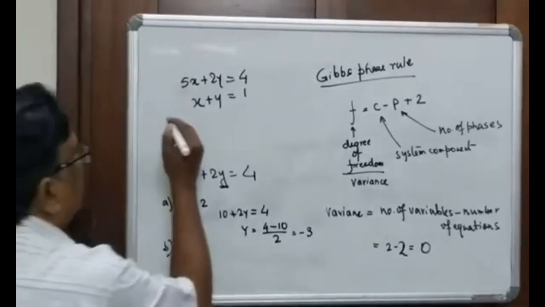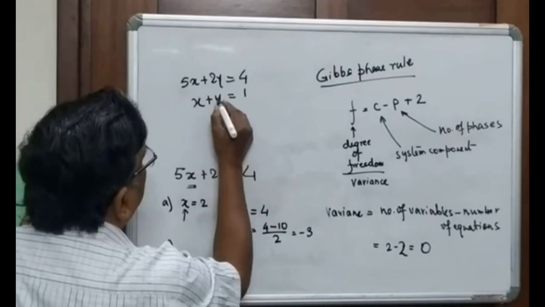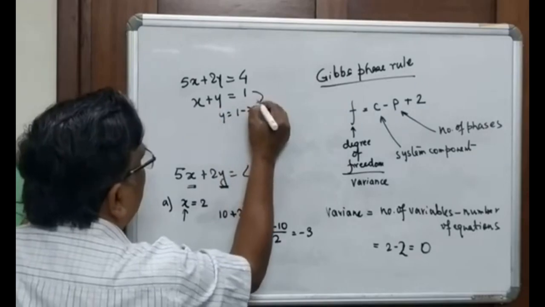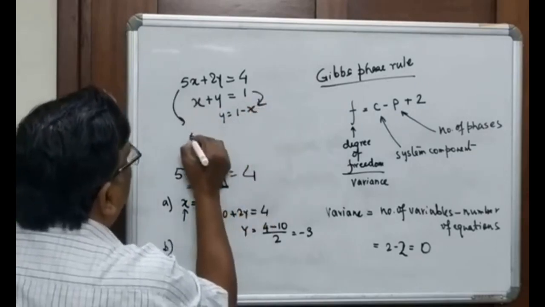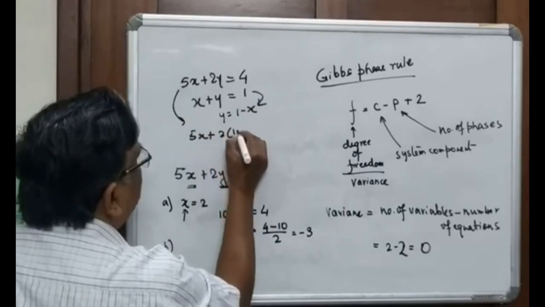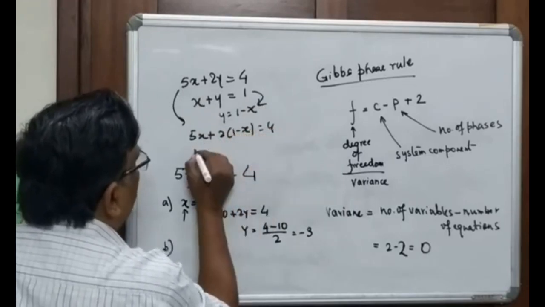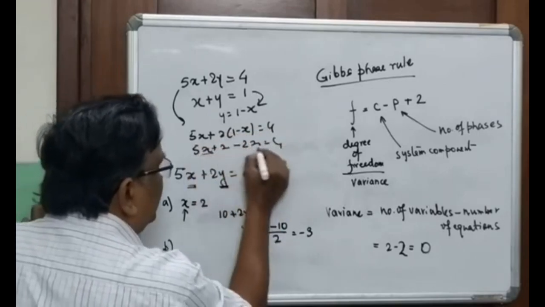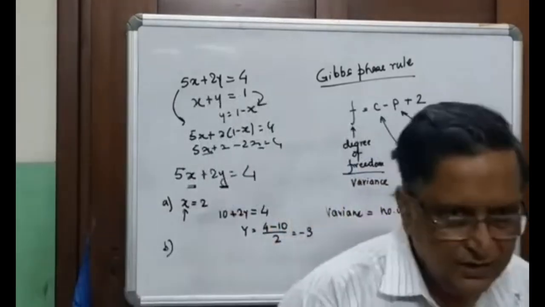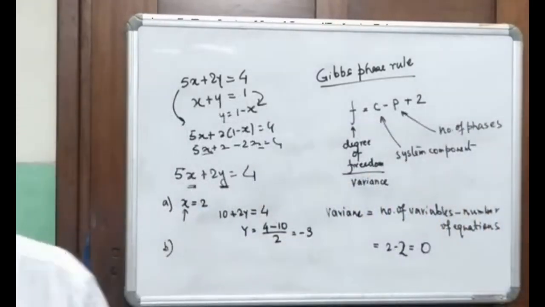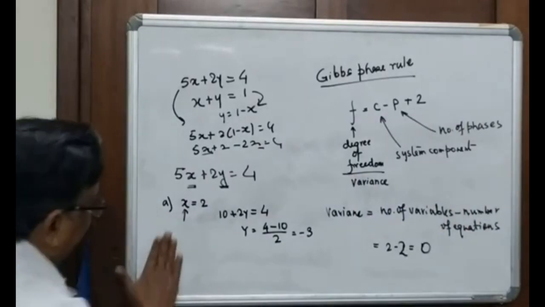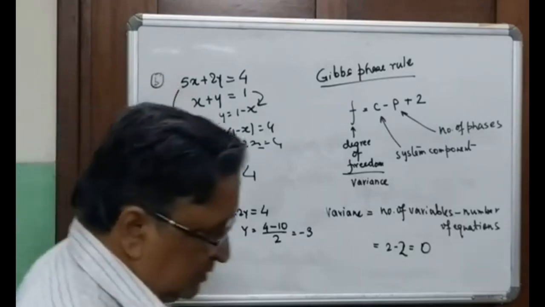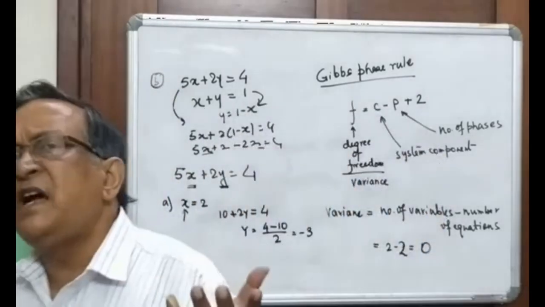So for example, how do you do it? Here, y will be equal to 1 minus x. You put it in this, 5x plus 2 into 1 minus x equal to 4. And so it's 5x plus 2 minus 2x is equal to 4. And so you can see, you can find the value of x. I have told this is A and this is B. What have I done?